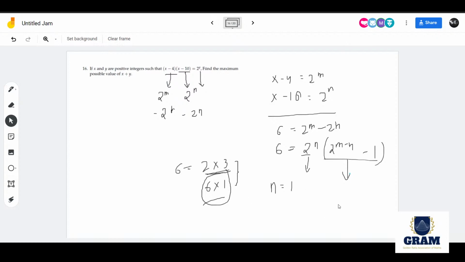So for one pair, we get m equal to 3 and n equal to 1. So here x equals 12 and y equals 4.